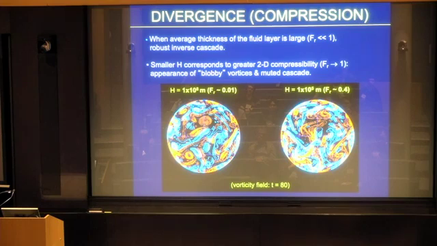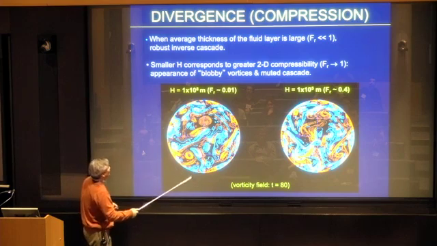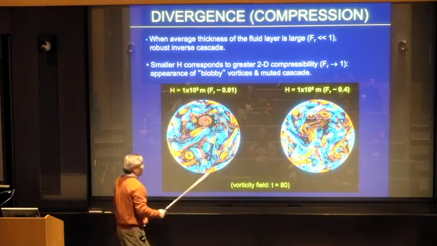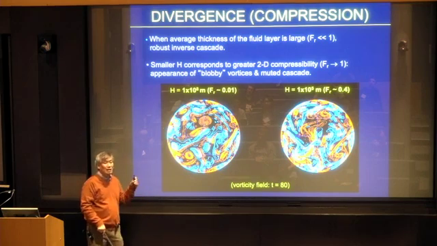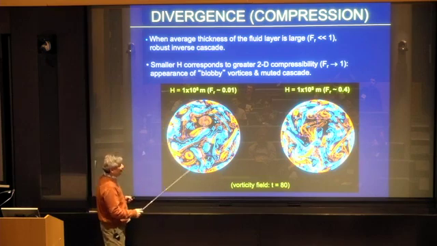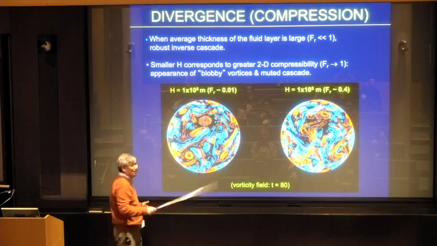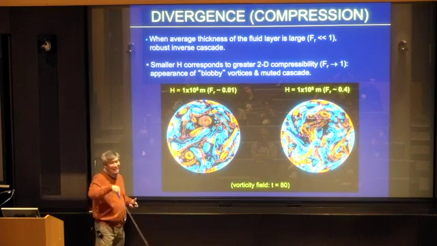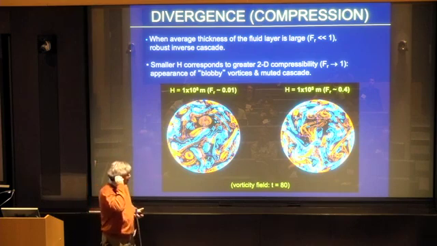Okay. If you allow the compression to be large, for example, as you see on the right, what you're seeing is the plot of potential vorticity. It's the tracer of the flow, a materially conserved quantity in this set of equations. So if you want to know what the fluid is doing, that's the quantity you want to look at. Red means it's rotating clockwise, and blue means counterclockwise rotation.